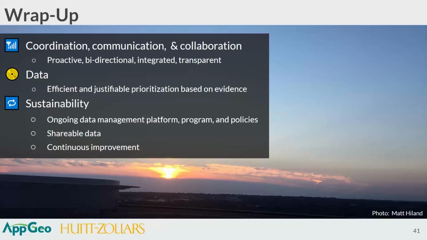And we've talked about sustainability, about implementing repeatable processes and procedures that support good programs and policies, and that we continuously improve our data, our models, and our tools and our communications with all those involved.